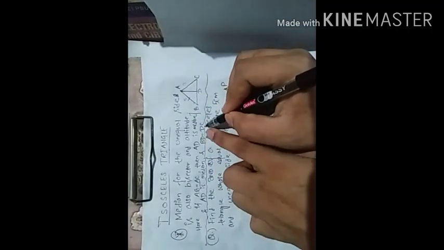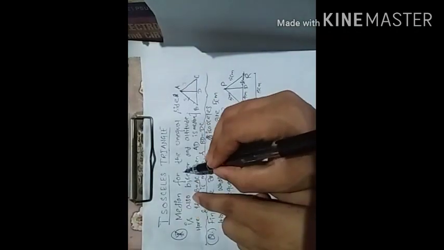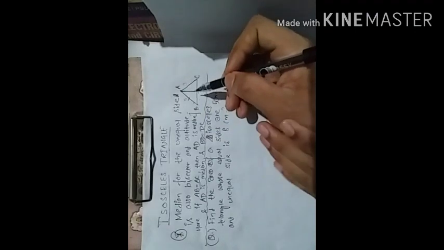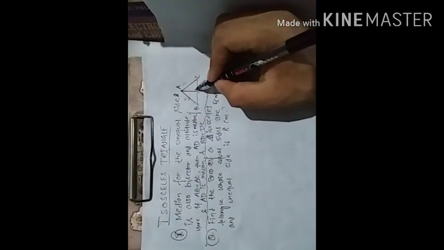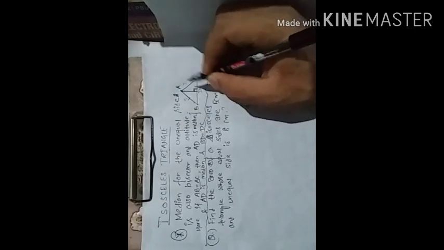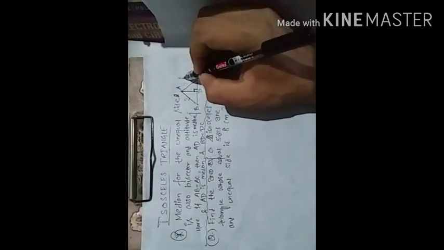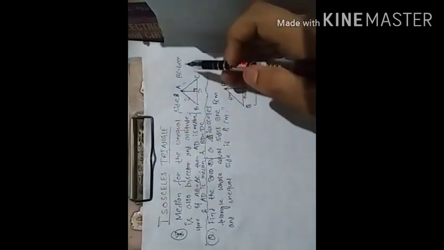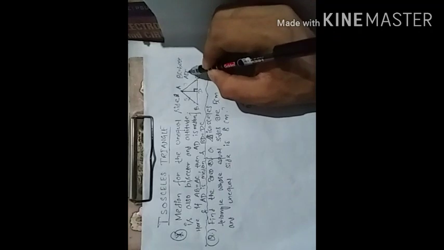That means BD will be equal to DC, and the median to the unequal side is also bisector and altitude, and we know that altitude is always perpendicular. That means it will be 90 degrees. So for this triangle BC will be the base. That means in an isosceles triangle the unequal side will be the base and the median will be the height.